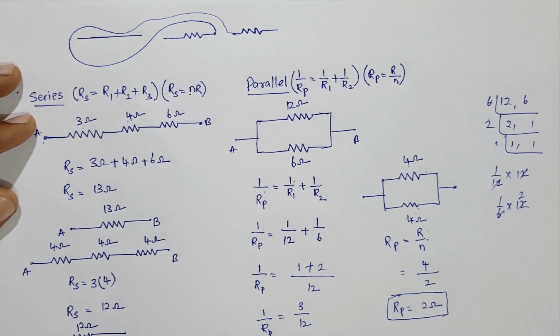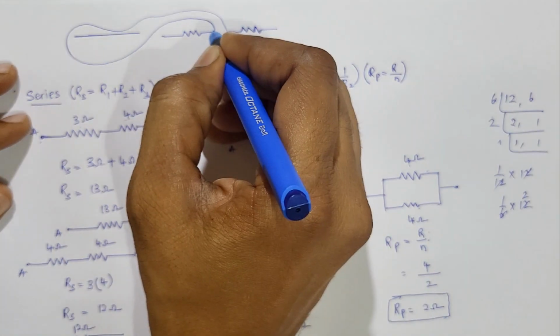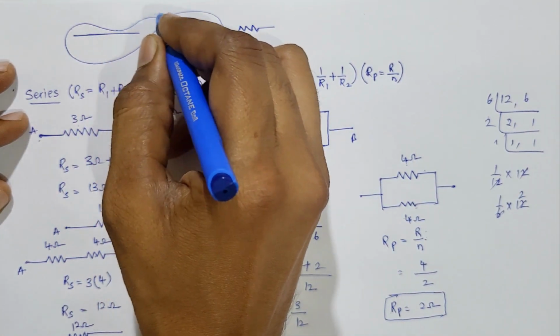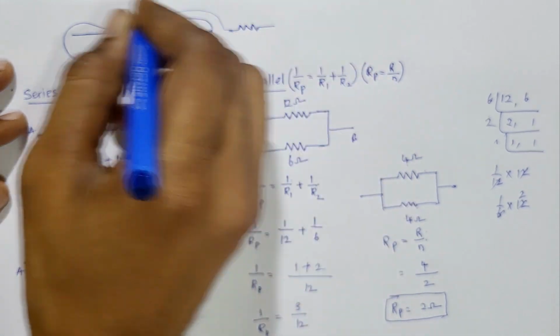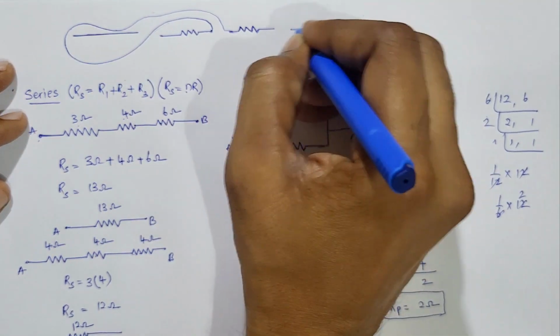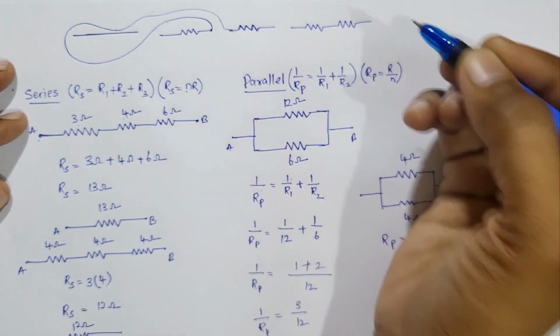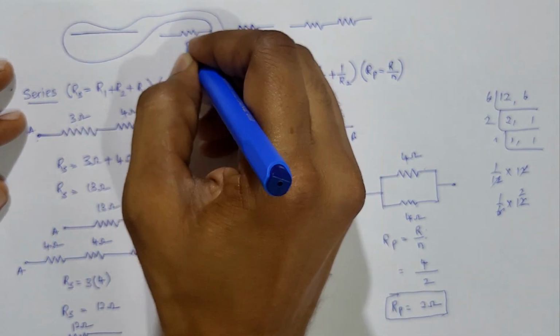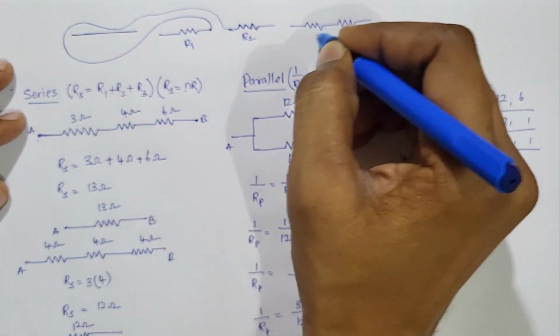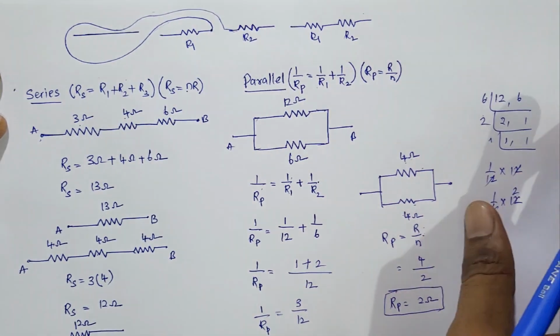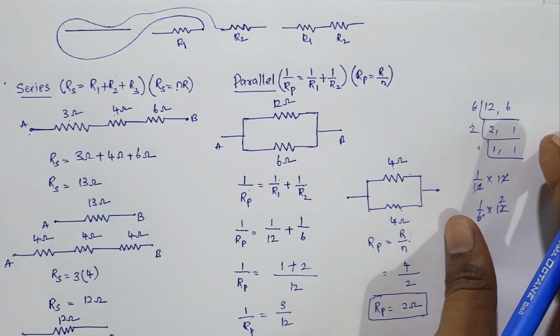Sir, what is this, sir? Nothing is there. It is very simple. From here, wherever you want to take, you take, but there is no equipment connected, right? So this whole circuit can be replaced simply like this. This is R1 and this is R2. What will be the equivalent resistance now? R1 plus R2.